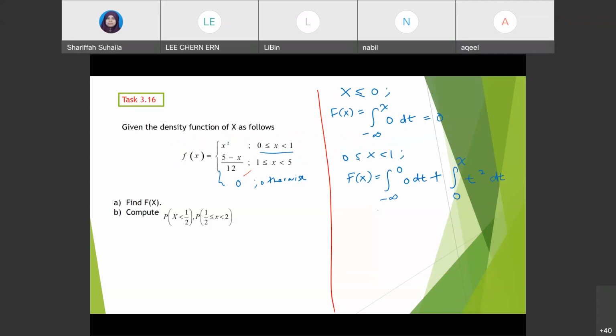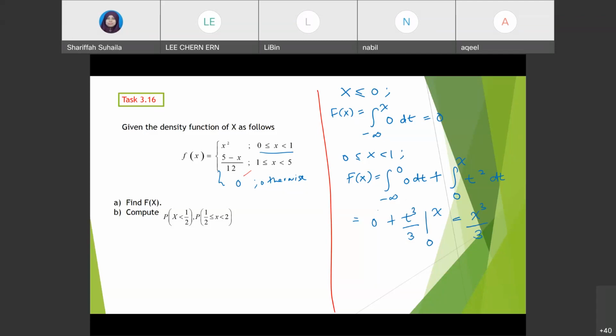Okay. Plus t cube over 3, 0 up to x. X cube over 3. So that one. Okay, itu for 0 up to 1. So kalau nak double check, differentiatekan x cube over 3. So you will get 3x square over 3. So cancel out 3, you get back your x square.